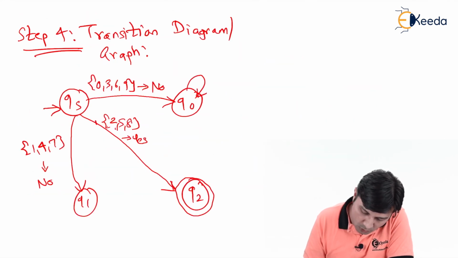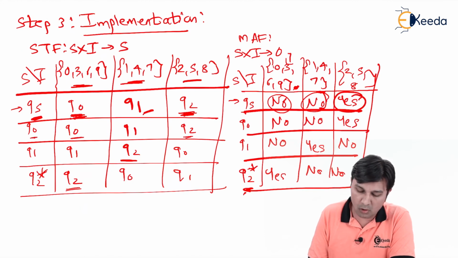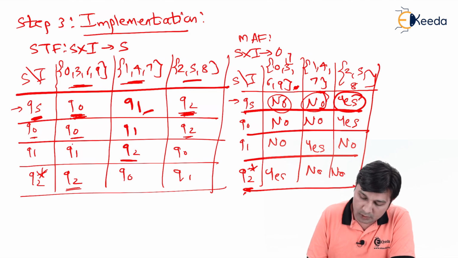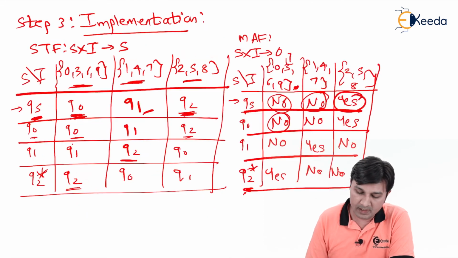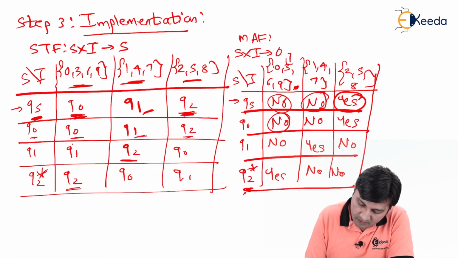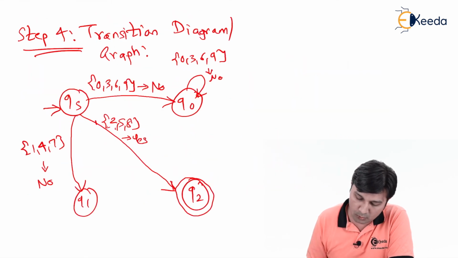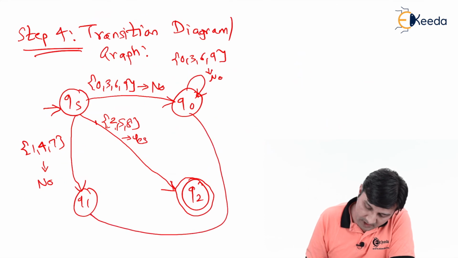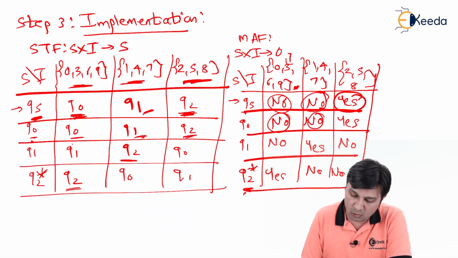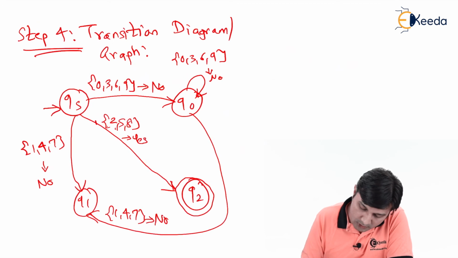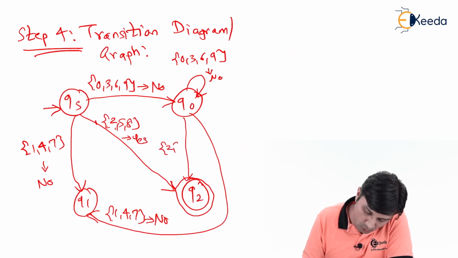Q0 on receiving 0, 3, 6, 9 goes to Q0 and gives output as no. Similarly, Q0 on receiving 1, 4, 7 goes to Q1 and gives the output as no. The next is Q0 on receiving 2, 5, 8 goes to Q2 and gives the output as yes.